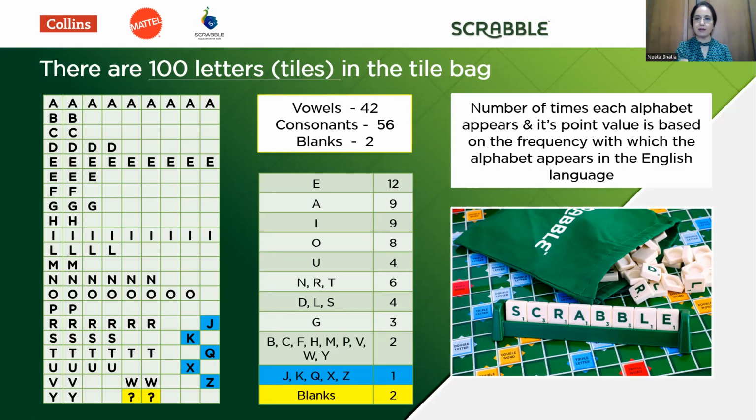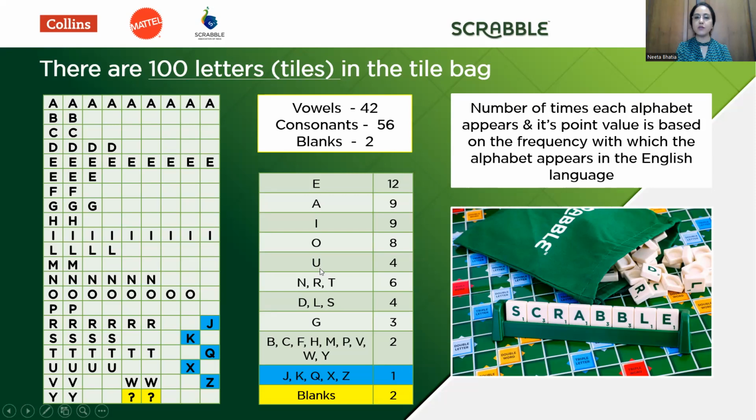If you look at the English language, you try and make words. Most words would require you to use vowels, and the most common vowel amongst them would be the vowel E, and that is why there are 12 E's in the tile bag. 9 A's, 9 I's. Now, U is the least useful vowel, and that is why there are only 4 U's in the tile bag.